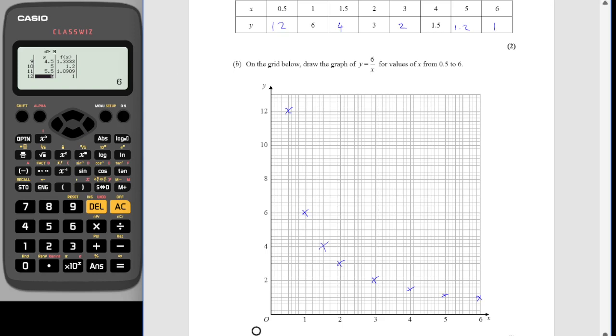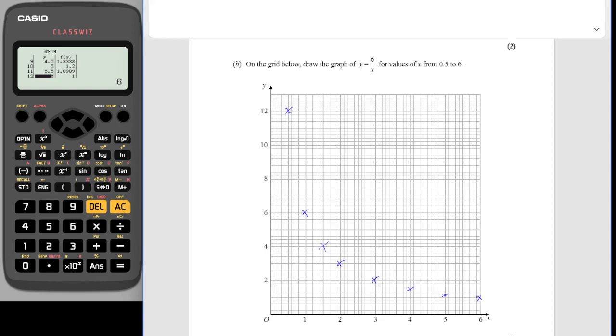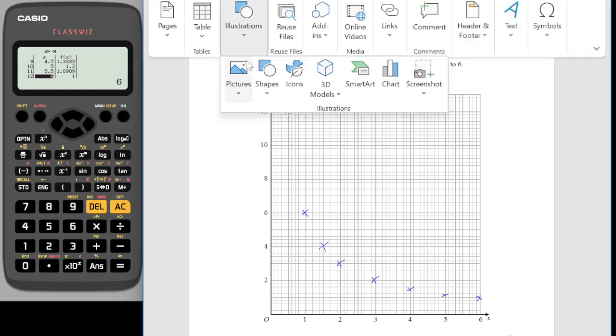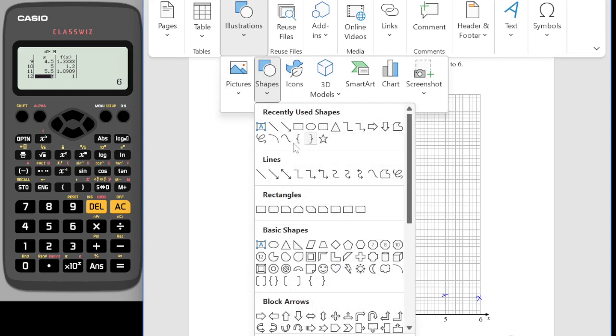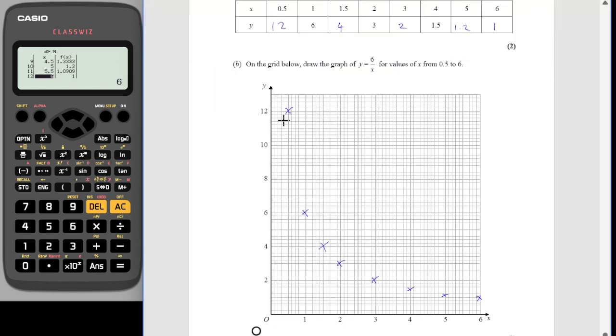We then want to join that up with as smooth a curve as we can. I'm going to cheat, so I'm joining that point to the next, and this will automatically give me a smooth curve. You're going to have to do it freehand, I'm afraid, but it's easier for you to draw it freehand than it is for me to do it on my laptop screen.